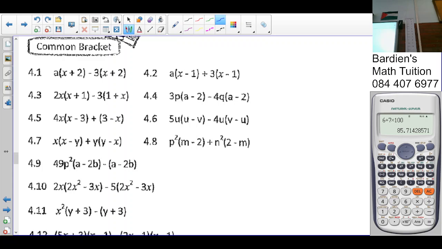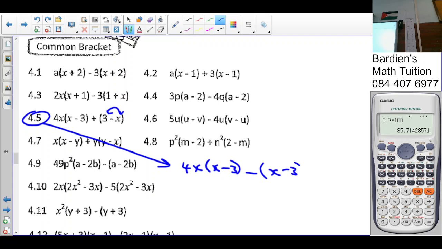Okay, so the question was with regards to 4.5. We said that 3 minus x is not the same as x minus 3. So we need to swap this around. So it's going to be 4x into x minus 3 minus into x minus 3. Remember, what is x times negative 1?